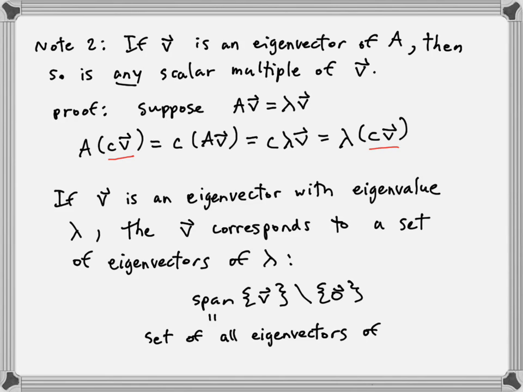As soon as you find an eigenvector of lambda, you take its entire span, but you don't allow 0 times that vector. All of the other multiples are eigenvectors. This is the set of all eigenvectors with eigenvalue lambda.